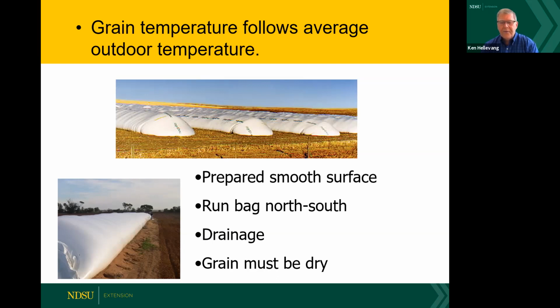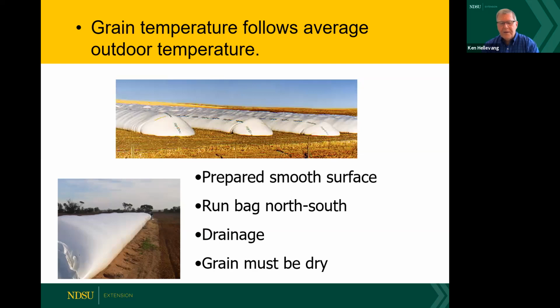If we run the bags east and west, the sun shines on the south side, not on the north side of the bag, creating a temperature difference within the bag, and moisture is driven from the warm side to the cold side. So just the orientation even of these storages makes a difference. We recommend that the bag run north and south so that we have the same solar heating on the east side of the bag and on the west side.